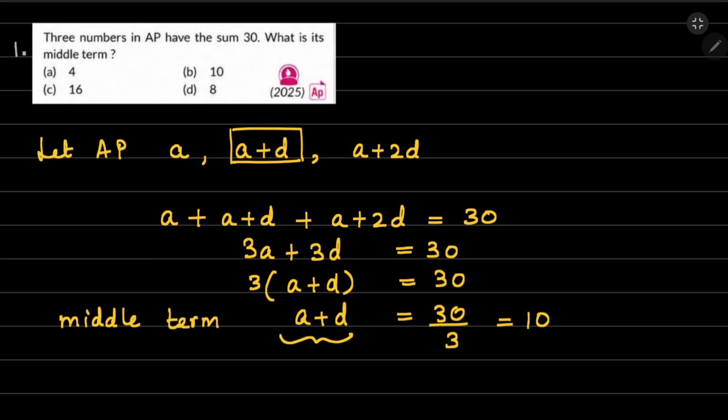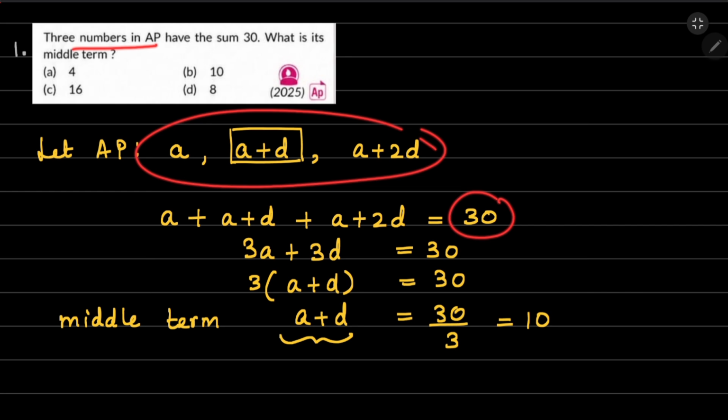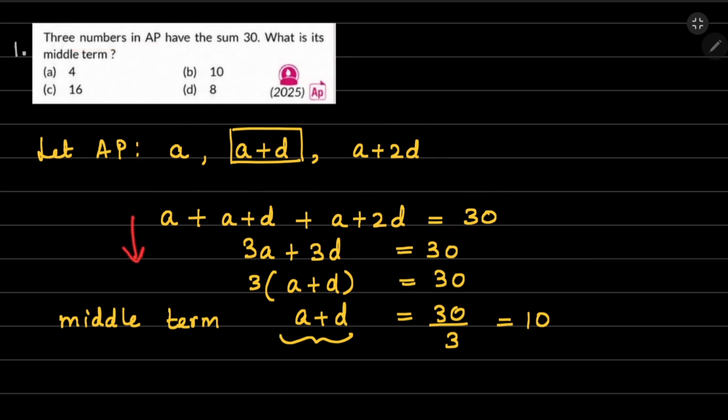We took the first three terms of the AP as A, A plus D, and A plus 2D. It was given that the sum of the first three terms is 30. So with the information given, we got A plus D, our middle term, as 10. So the correct answer is B, which is 10.